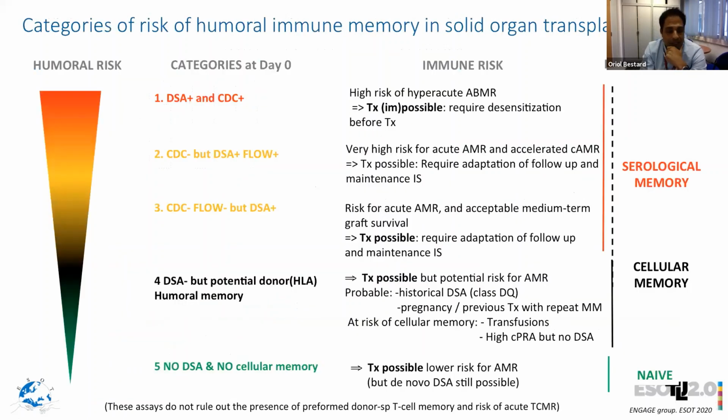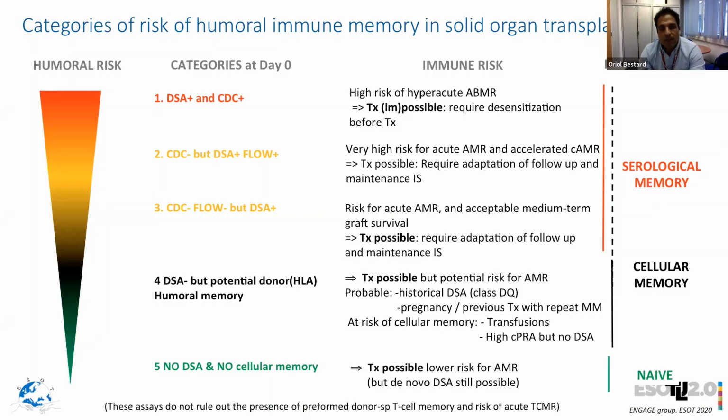So this is my last slide, just as a summary. Within the engaged group, within the ESOT, together with the STAR group in the US, a definition was made trying to define the different categories of risk of humoral immune memory within solid organ transplantation, and particularly in kidney.